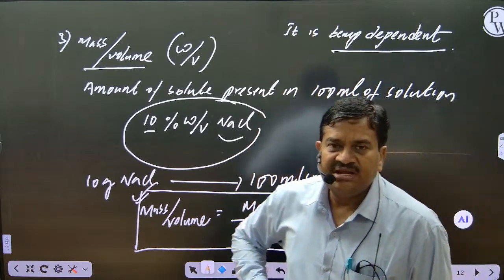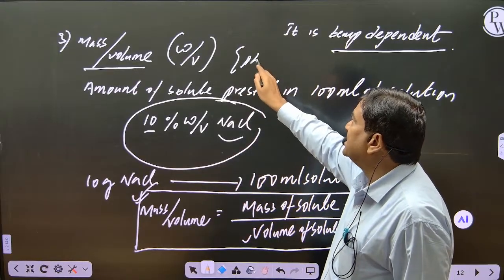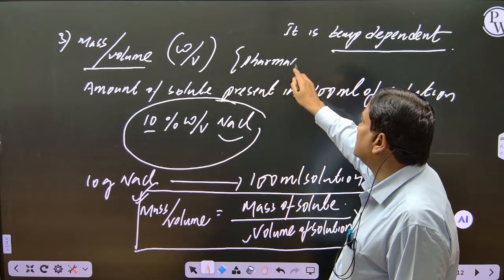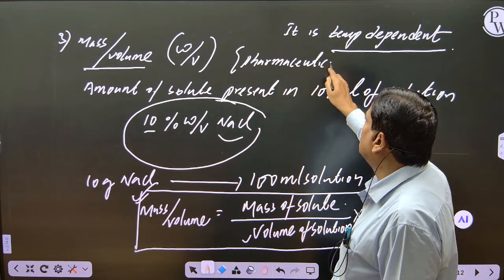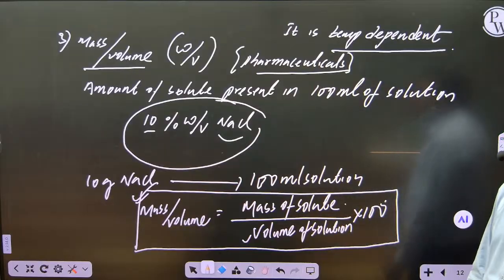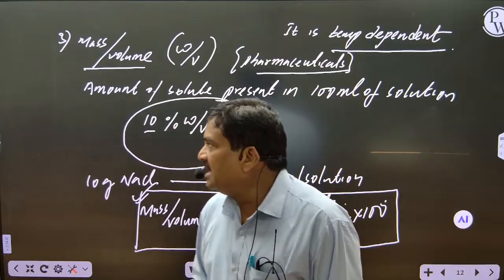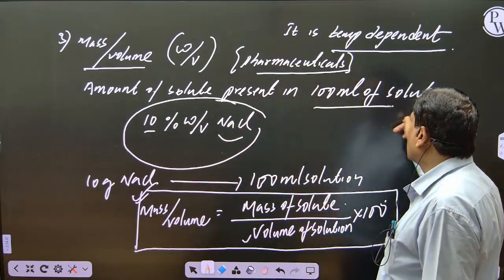Are you following, all of you? See, where do we express this? In pharmaceuticals, in medicines. So mass by volume percentage is nothing but how much solute is present in 100 ml of solution.